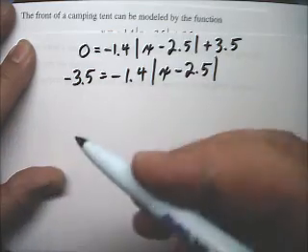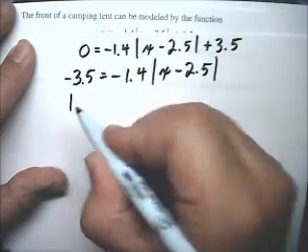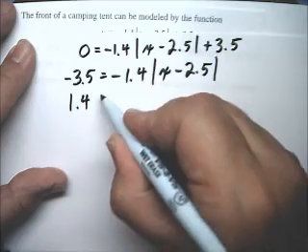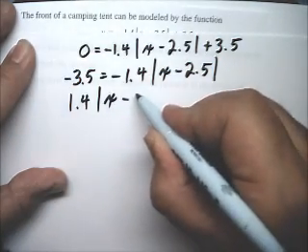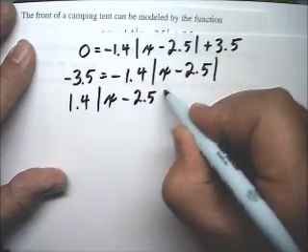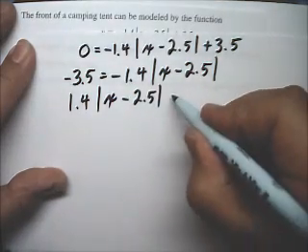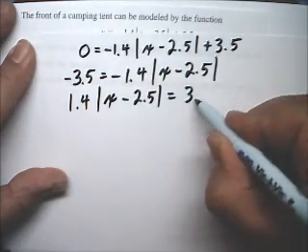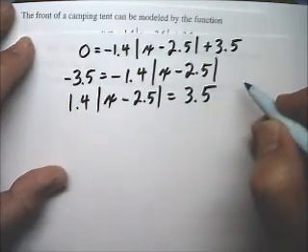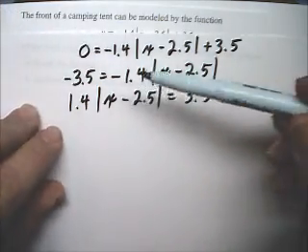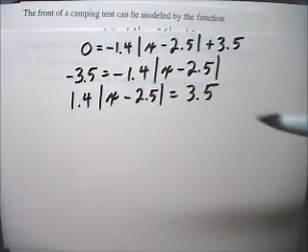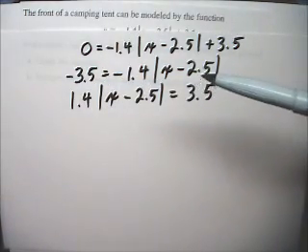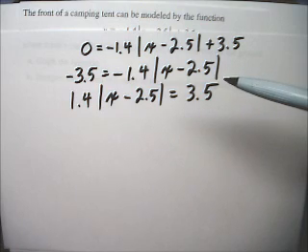And I want to switch these two, so it's 1.4 times the absolute value of x minus 2.5 equals 3.5. All I did was switch the right-hand side and the left-hand side, and the negatives became positive by multiplying or dividing both sides by negative 1.